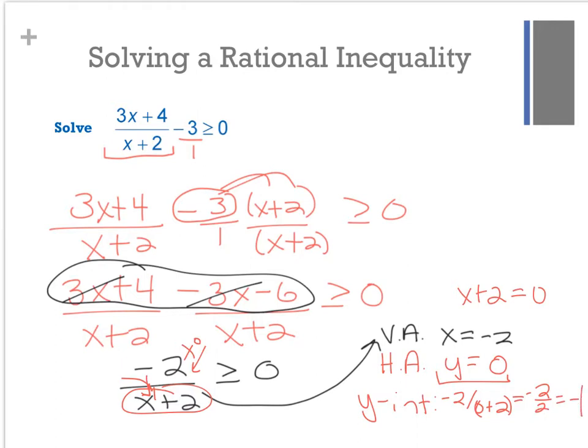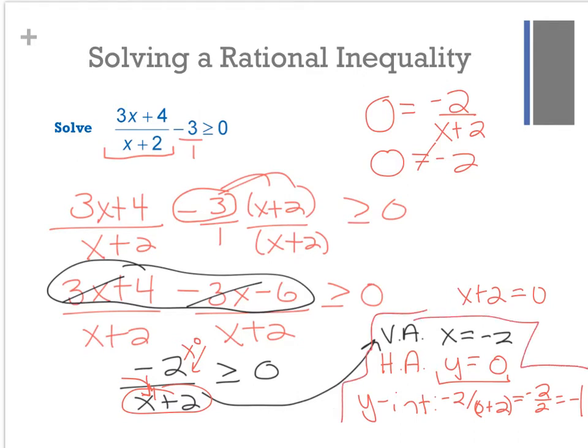For the x-intercept, I plug in 0 for y, set that fraction equal to 0 and solve for x. If I multiply both sides by x plus 2 right away, I get 0 equals negative 2, which is not a true statement, which tells us that this function does not have any x-intercepts. This graph will never intersect the x-axis.